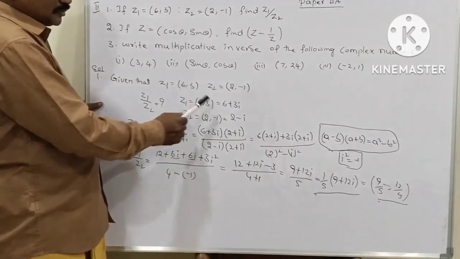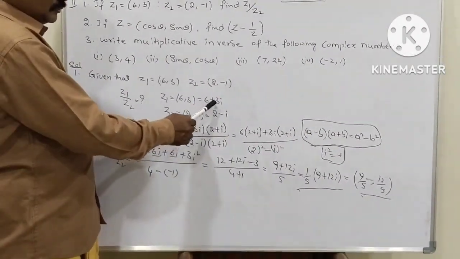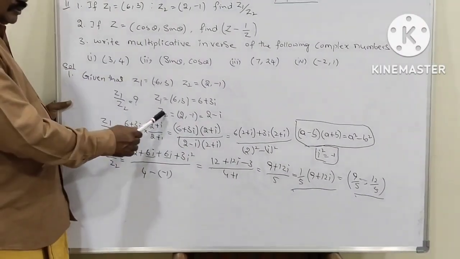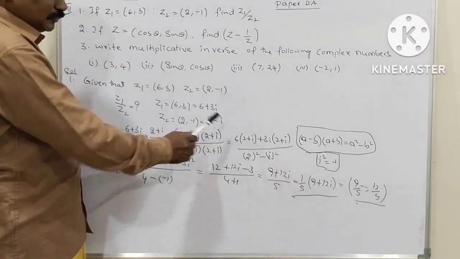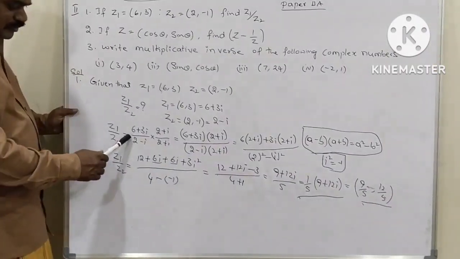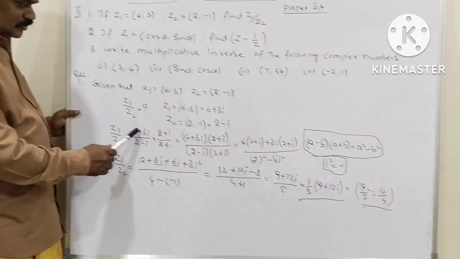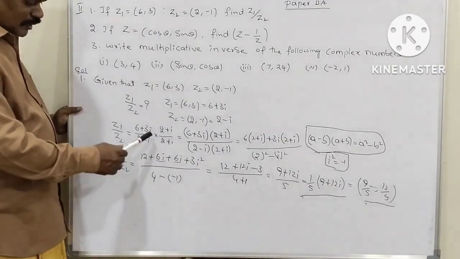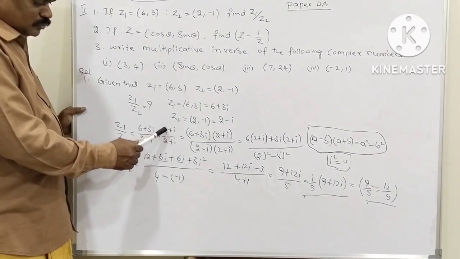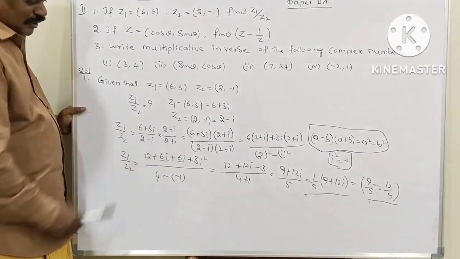z1 is equal to (6, 3), which is 6 plus 3i. z2 is equal to (2, -1), which is 2 minus i. So z1 by z2 is equal to 6 plus 3i by 2 minus i. You multiply and divide with 2 plus i by 2 plus i.